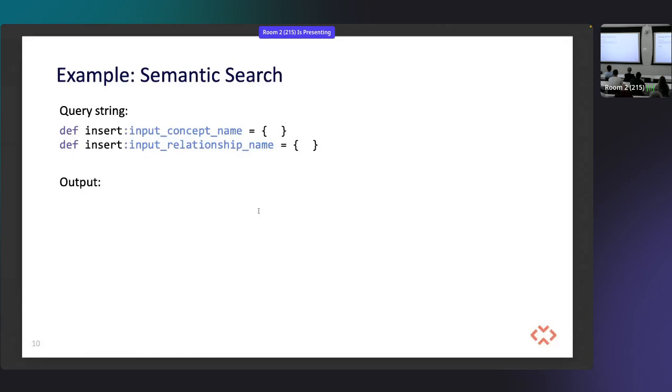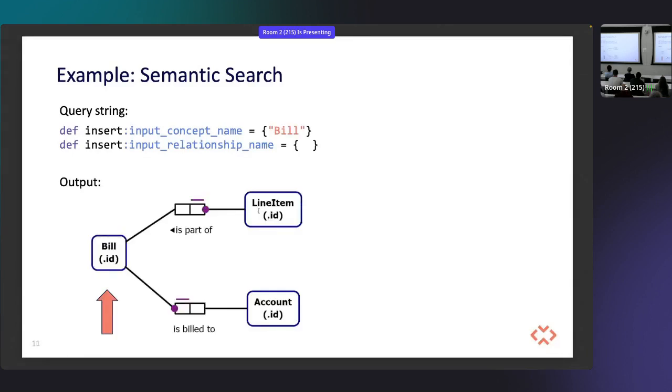Sticking with this example, we can just say that I am interested in exploring the part of the ontology that has some part related to the bill concept. Then we get a result where the ontology is expanded in a way that we are presented with all the relationships that bill as a concept is playing a role at.